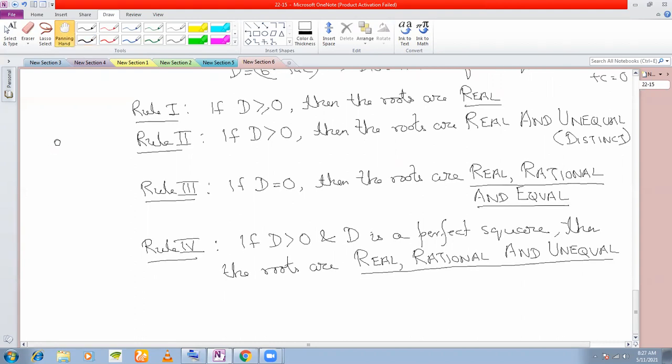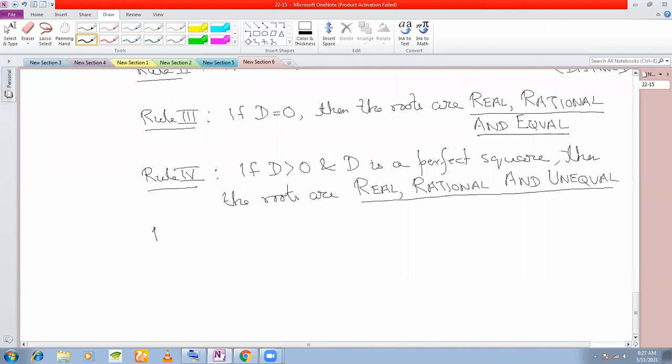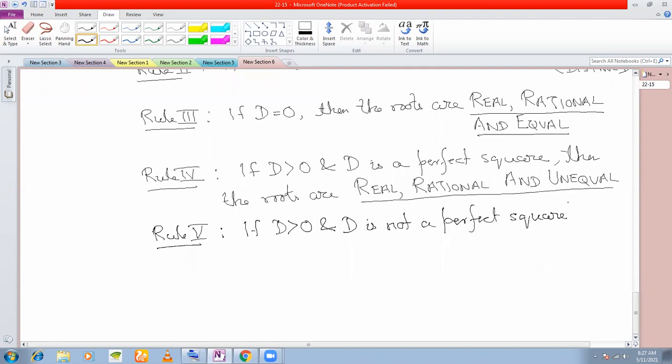Rule number 5: if D is greater than 0 and D is not a perfect square, then the roots are real, irrational, and unequal.